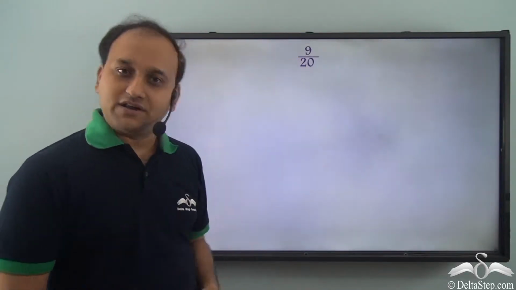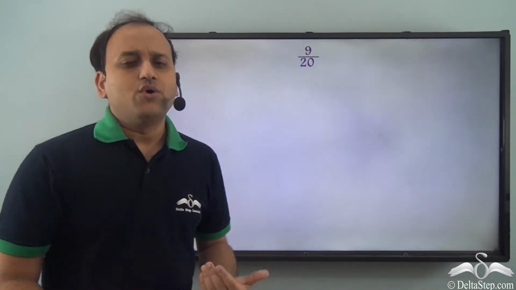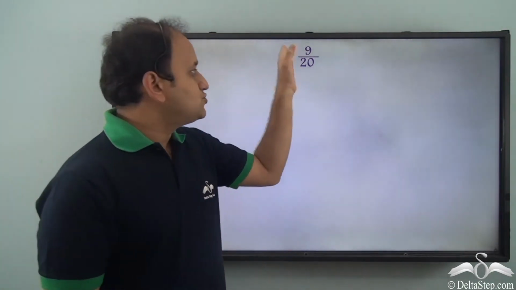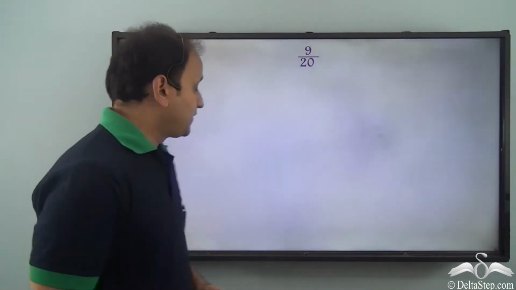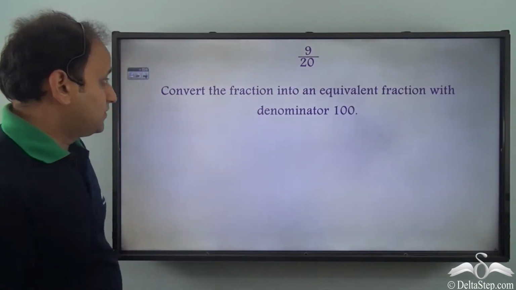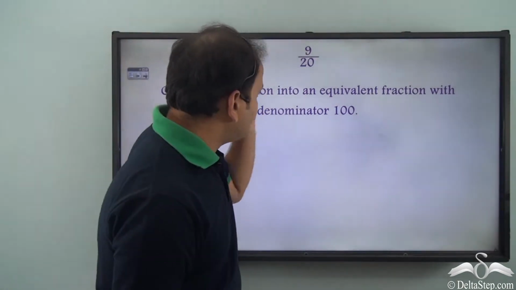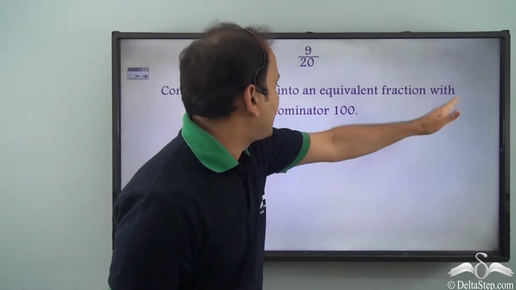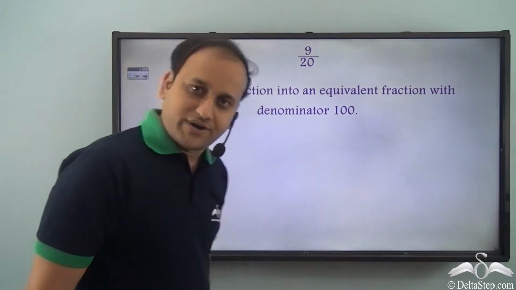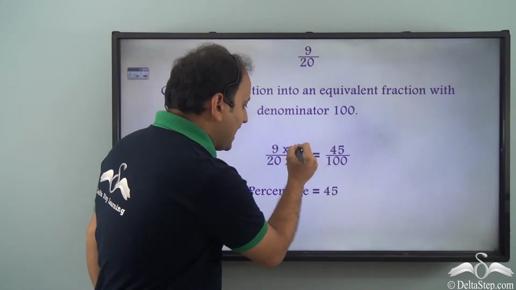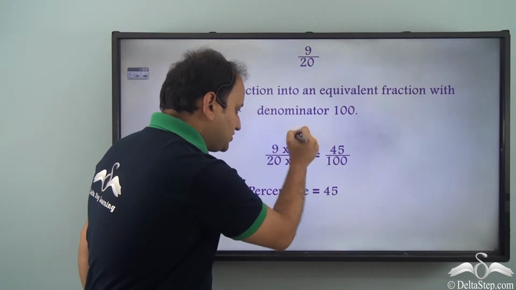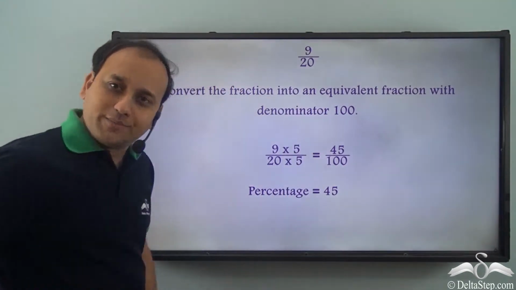So here denominator is 20, right? So what do we need to multiply to 20 so that we get 100? It will be 5, right? So what we need to do is we need to convert the fraction into an equivalent fraction with denominator 100. So in this case, we multiply 5 to both numerator and denominator.